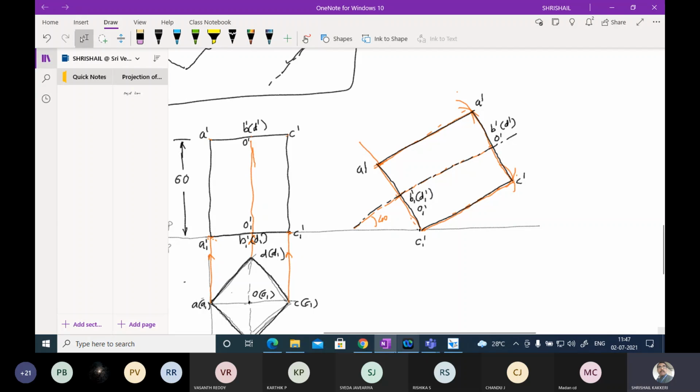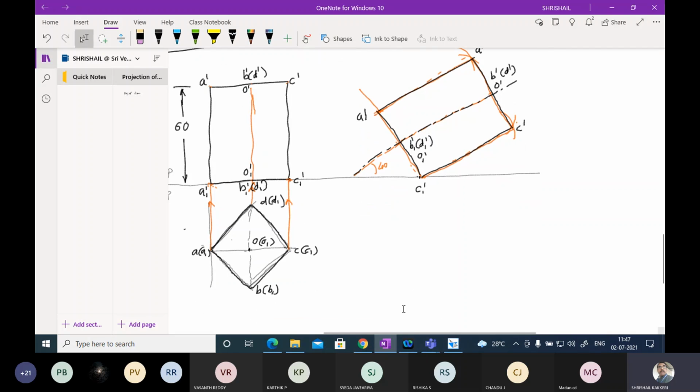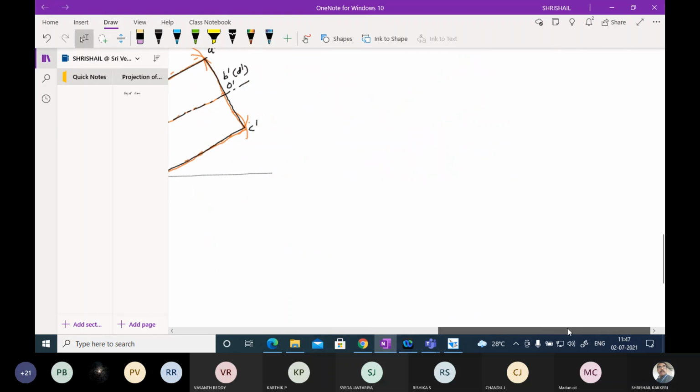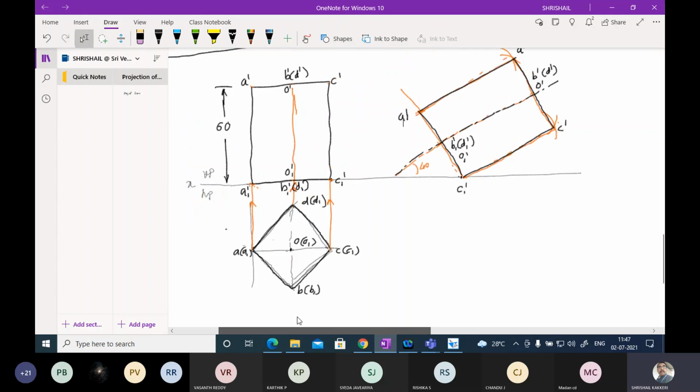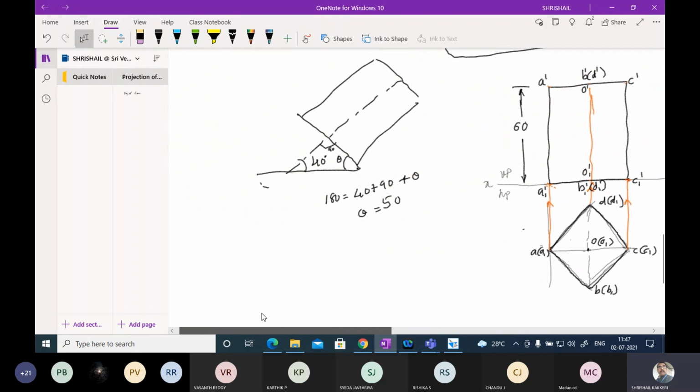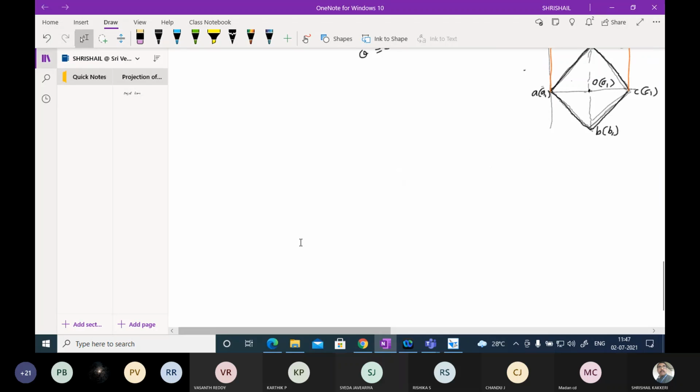So initially what I did, I am going to show you this. Please look here carefully. Initially I am going to keep this prism like this.